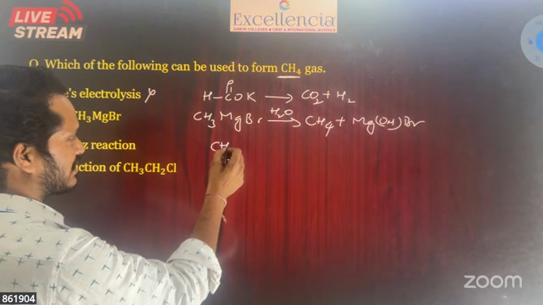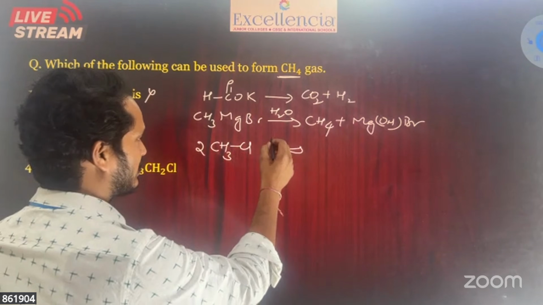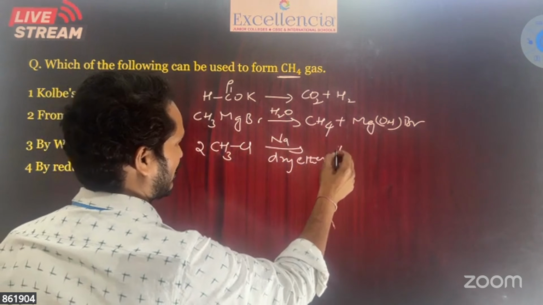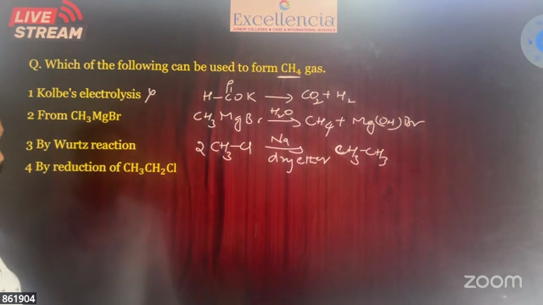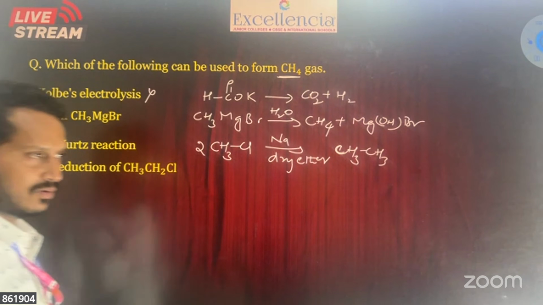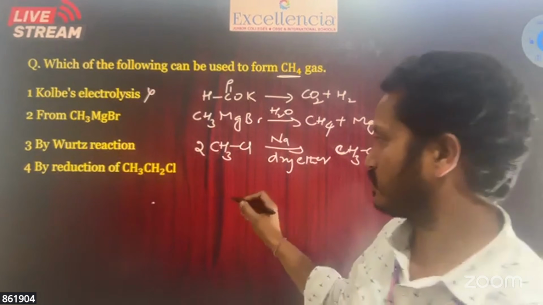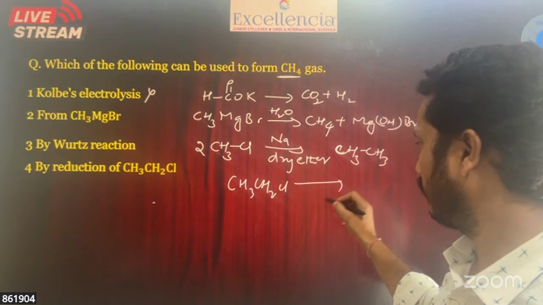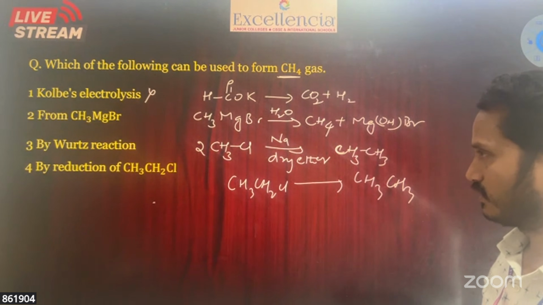By Wurtz reaction, suppose I'm taking the simplest alkane, methyl halide. Upon treating this with sodium in presence of dry ether, this will give CH3-CH3, ethane, coming out. Reduction of CH3CH2Cl: upon reduction, we get CH3CH3, ethane.